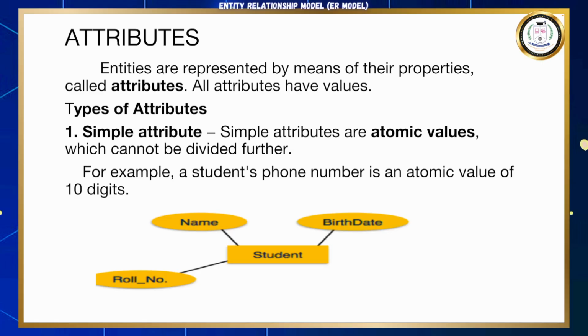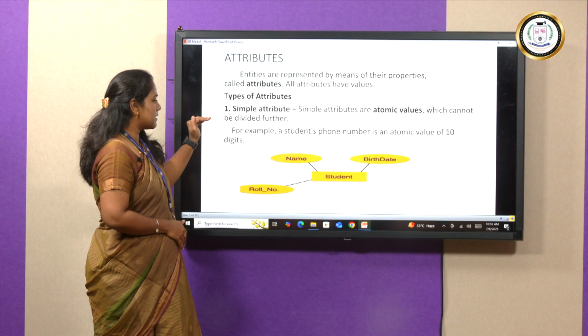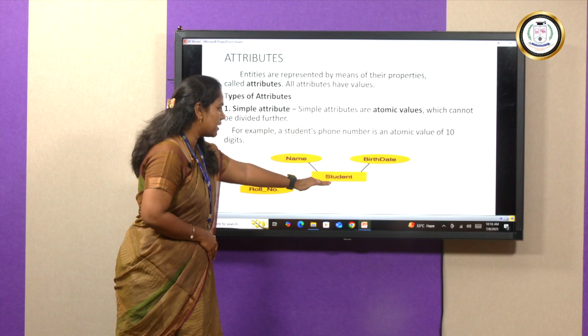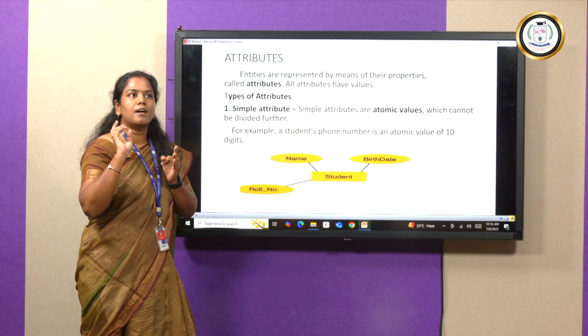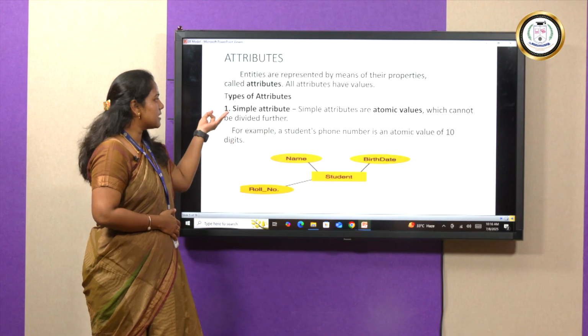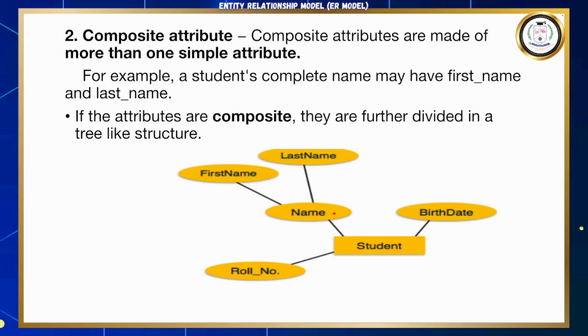So first one is simple attributes. Simple attributes are attributes which hold only atomic values that cannot be divided further. If we take a student, the various simple attributes are weight, age, and phone number. The next one is composite attribute. Composite attributes are attributes that are made up of more than one simple attribute.